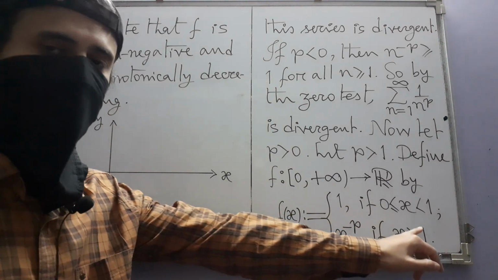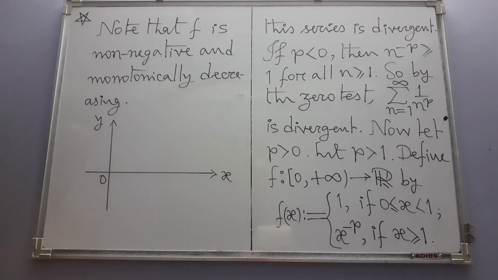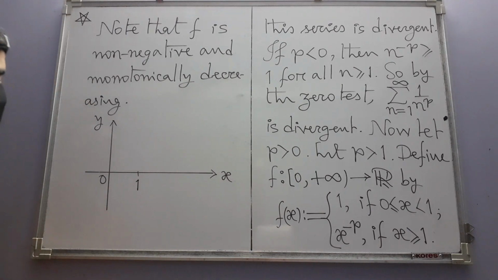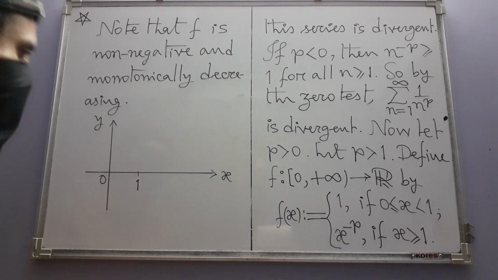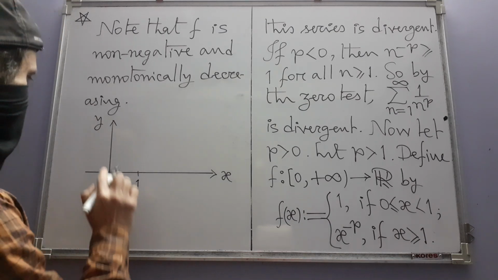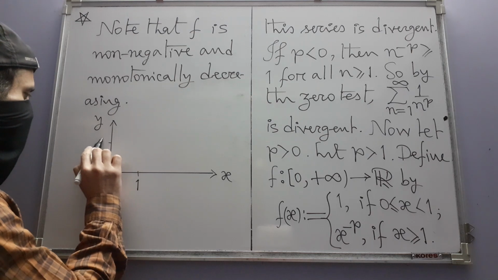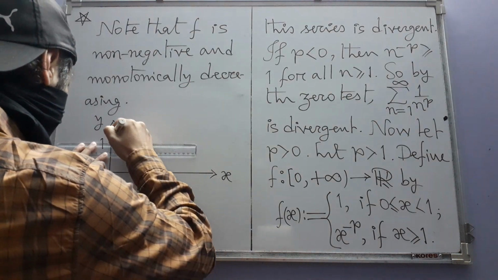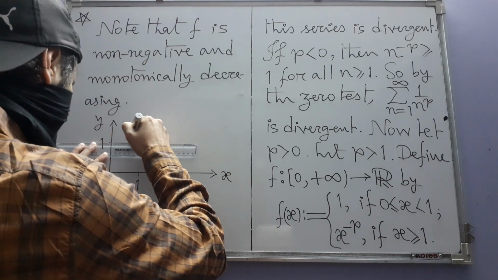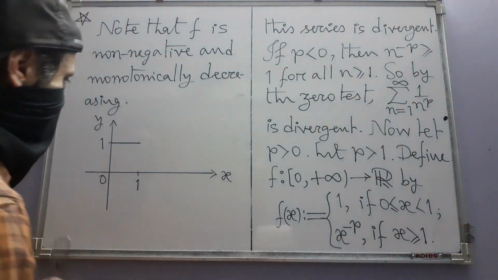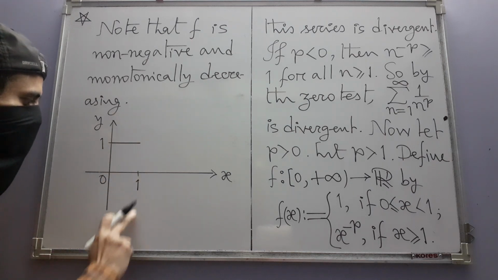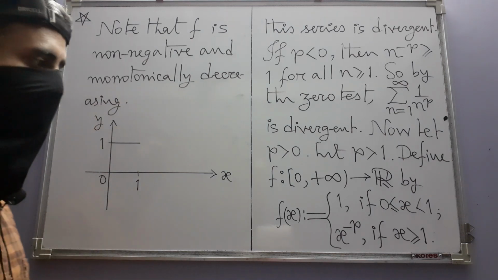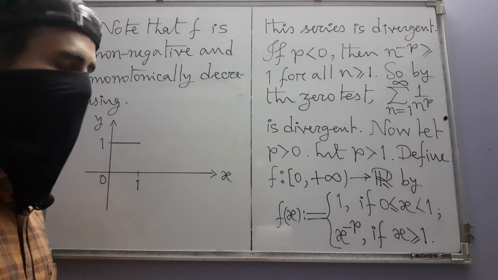Zero is a point in the domain. Say this is your 1. Between 0 and 1, the output is 1. Here also say this is 1. Then, in this part we know what the graph is going to be. And also, this line segment is not going to touch the vertical line passing through 1. But after that, the graph will dip.